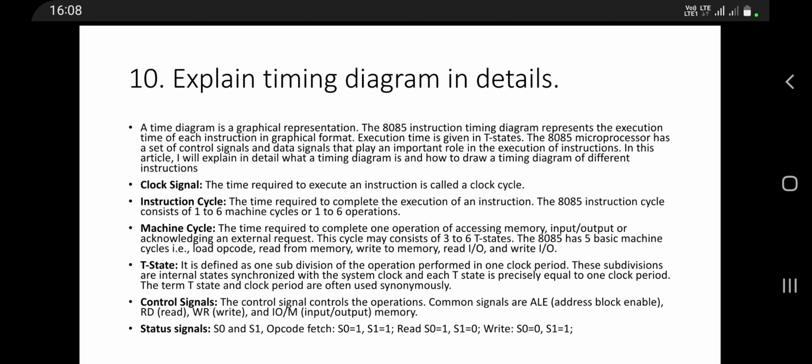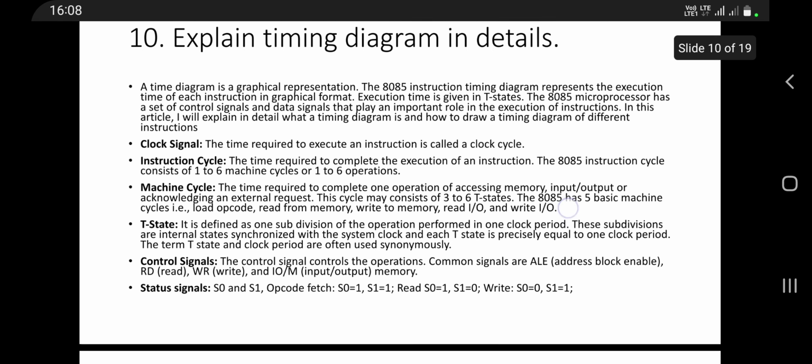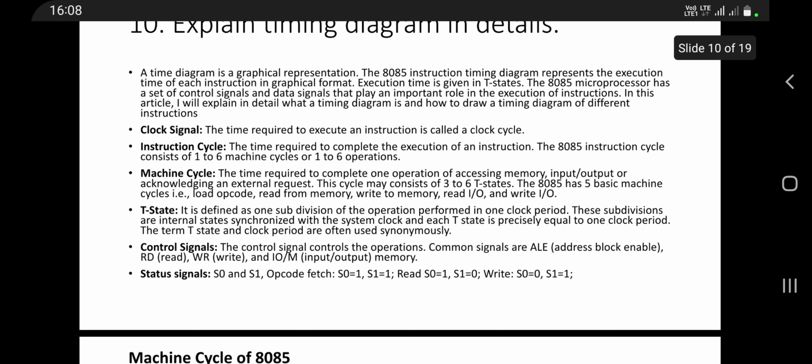Here the most important component required is the control signal. The control signals are the address latch enable signal, that is ALE, read, write, and IOM. We have already discussed that ALE should be high when we need to latch the address from the bus, which is multiplexed with the data bus.